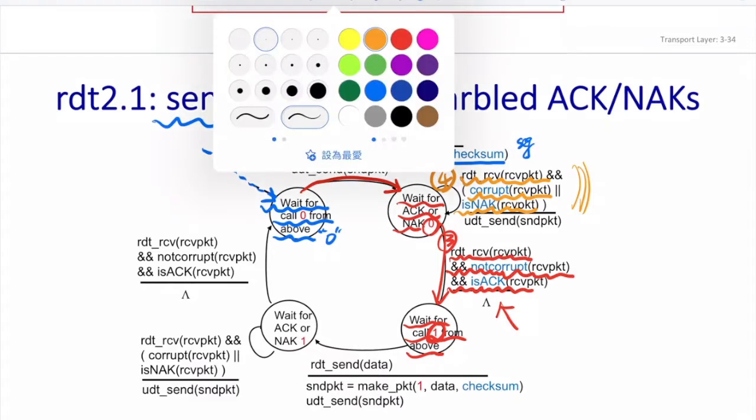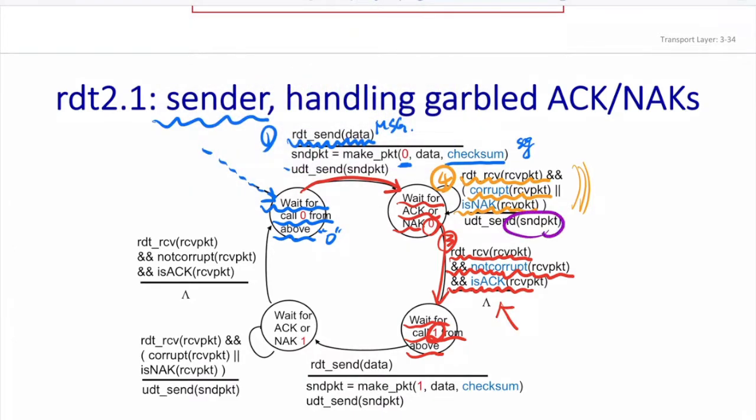So in this case, we send the packet again. That sent packet is exactly the same as this one, so that is a retransmission.